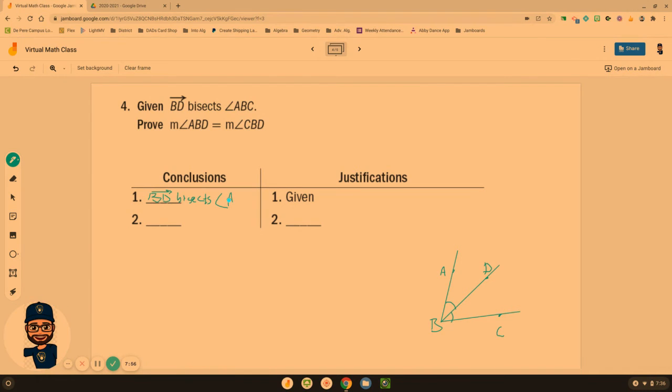If it bisects it, I then know that this angle number 1 and this angle number 2, their measures have to be equal. So the measure of angle ABD has to equal the measure of angle CBD.